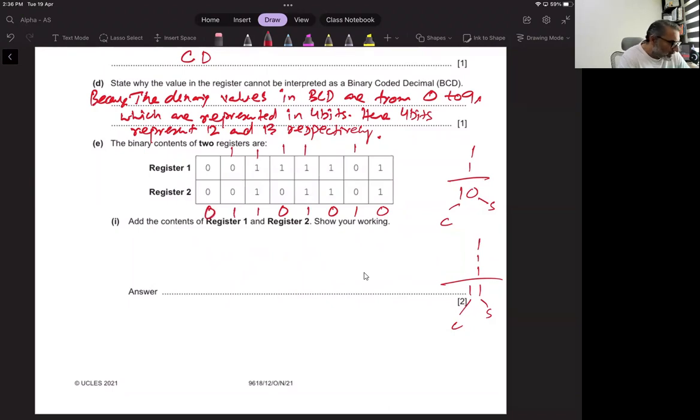So answer is 0, 1, 1, 0, 1, 0, 1, 0. Remember, you get marks for this and this. You get marks for carries and the answer. Don't try to solve it directly. Your examiner would like to check your carries as well.